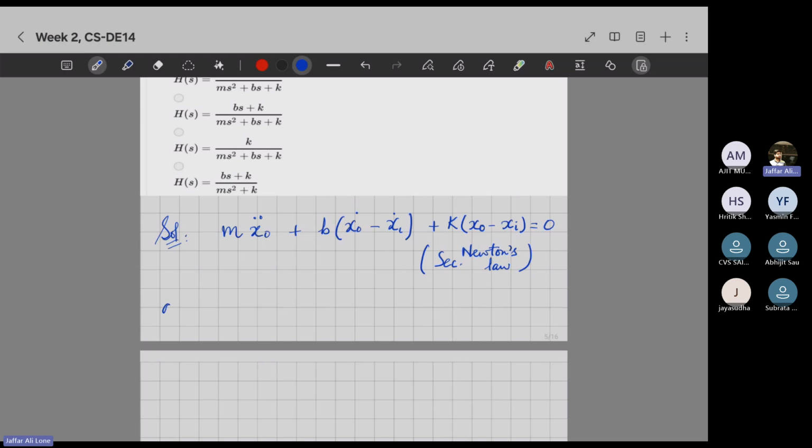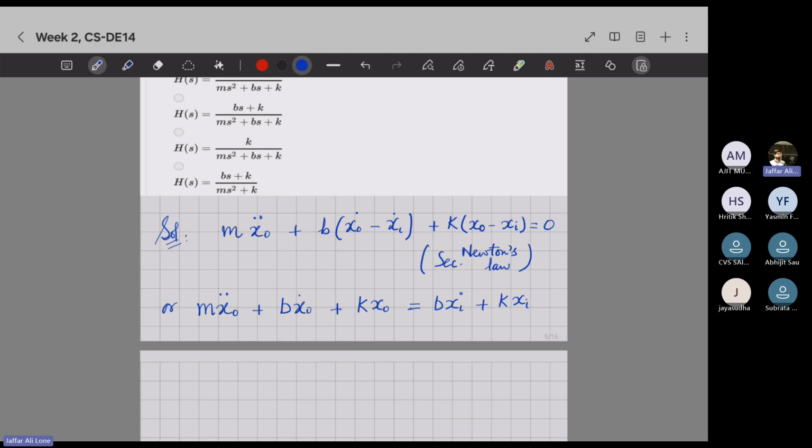So m x naught double dot plus b x naught dot plus k x naught is equal to b x i dot plus k x i. So I just rearranged it.